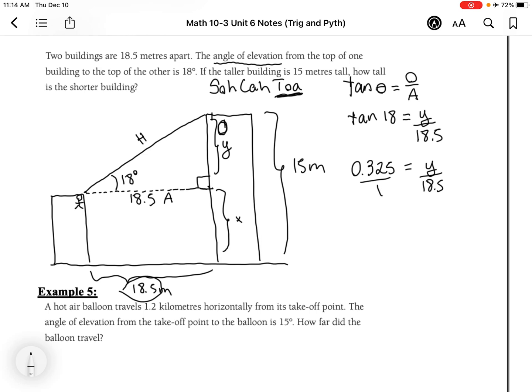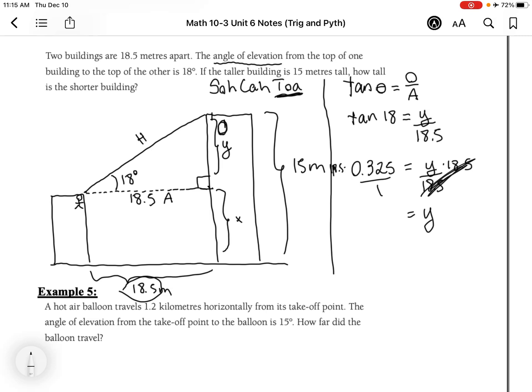Okay, so to isolate y, while I'm dividing it by 18.5, I'm going to multiply both sides by 18.5. Okay, here, I'll just maybe put a line here because I'm cutting into my diagram. Well, these guys cancel. And on the left, I've got 18.5 times 0.325 divided by 1.